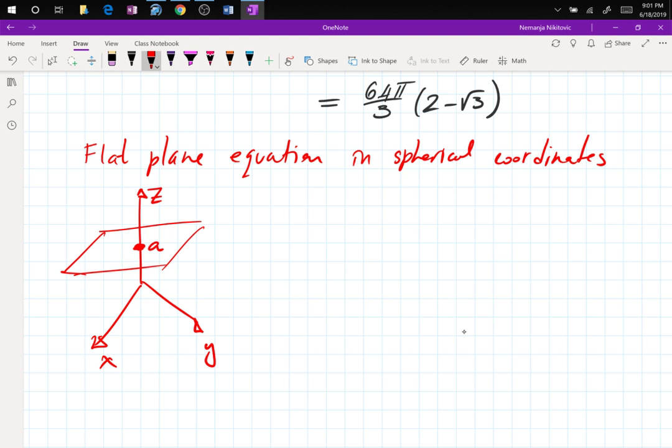The equation is rho equals a secant phi.